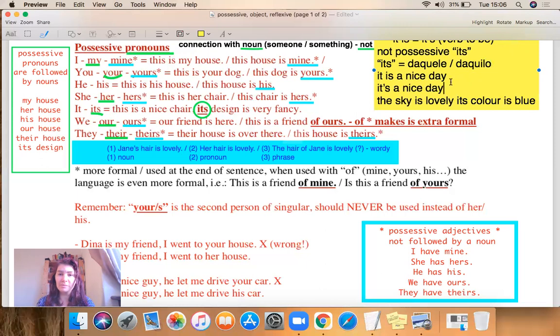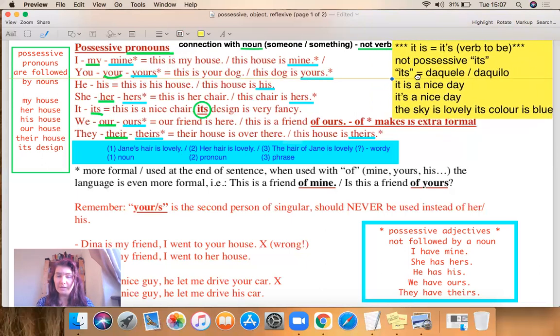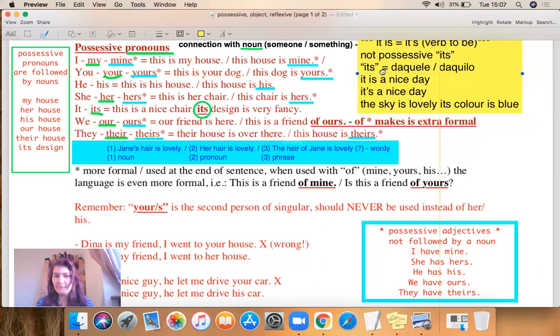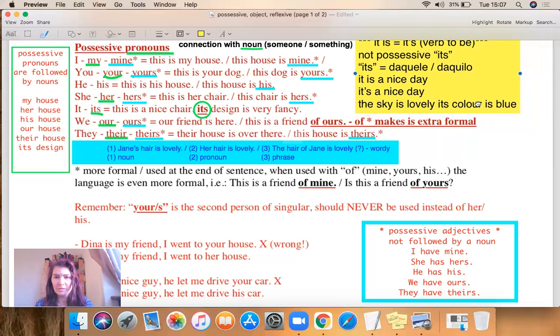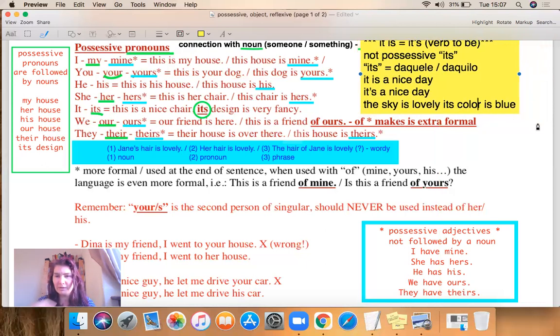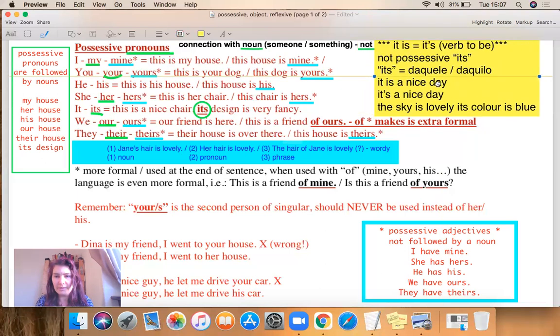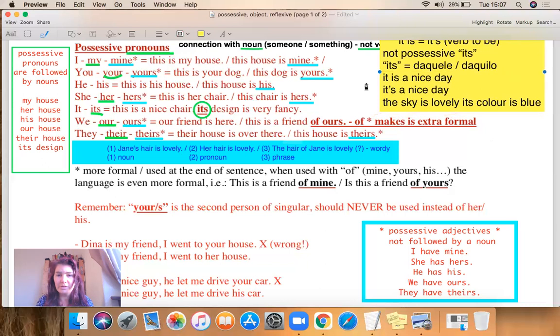Its color is blue. So here we're talking about the color of the sky being blue. Okay, the sky is lovely. Its color is blue. And here we have a U. For my writing, in American writing, we only have O, but we're going to use, this is how we spell here in the UK. So the sky is lovely.